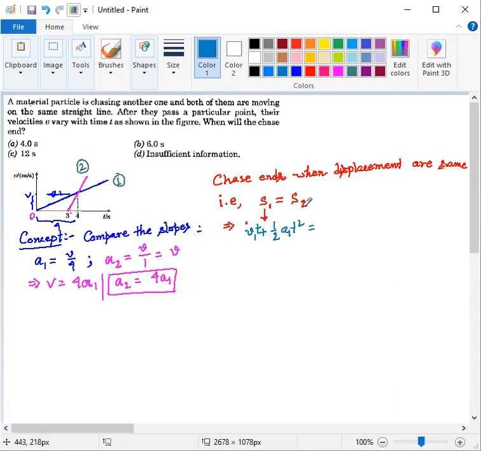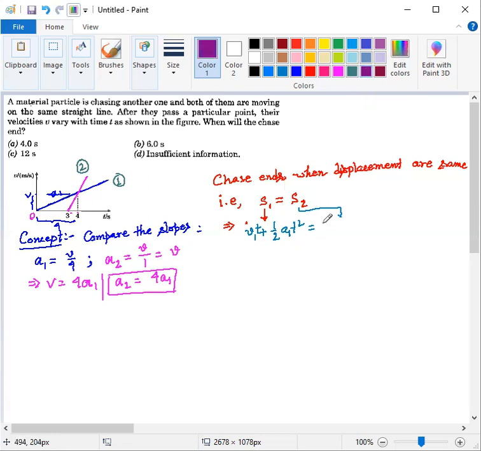And in place of S2, we can write the kinematic equation here also again.